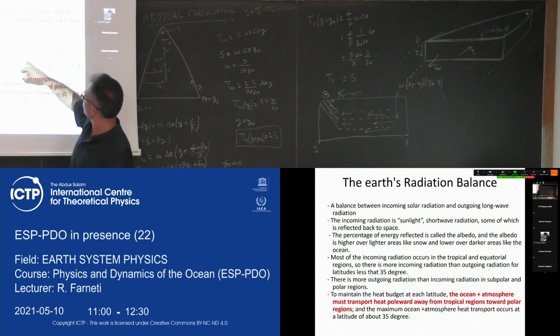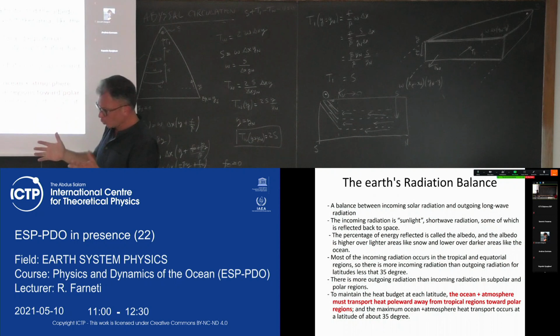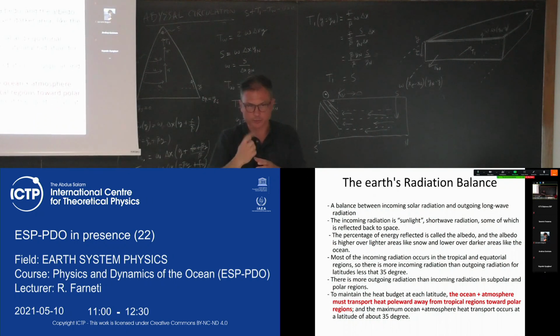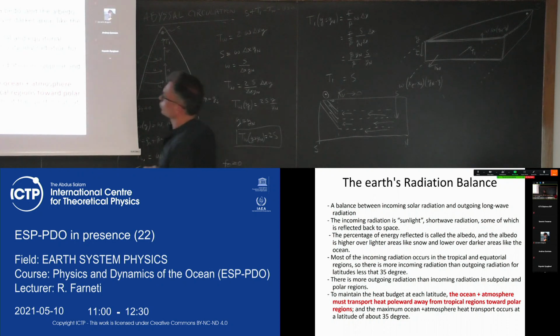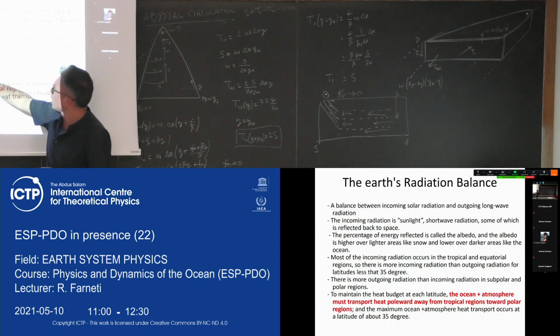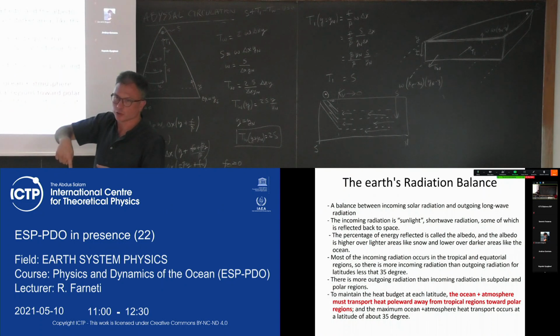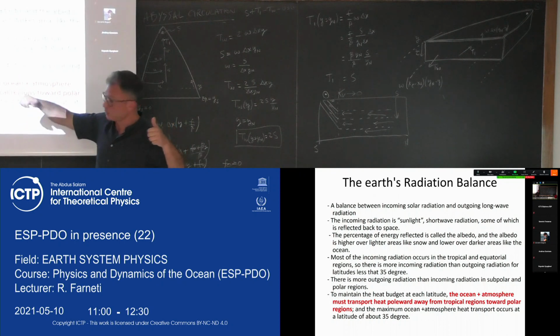And there is more incoming radiation than outgoing at latitudes equatorward of 35, so there's more heat going into the ocean than out in equatorial regions. And there is more outgoing radiation than incoming in the subpolar regions. So there is a net gain in the equatorial regions and a net loss in the polar regions.